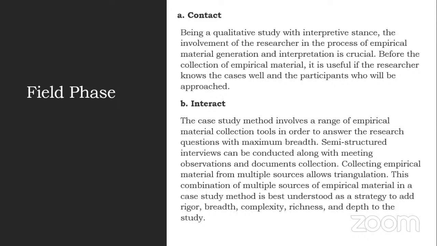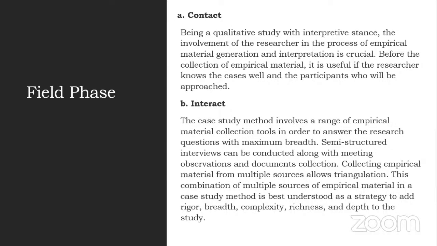So a good researcher will not just go and start asking questions to the subjects or participants. A good researcher will not do that. He or she will first try to understand the history of the subject, or the background of that particular phenomenon that has occurred, and then start with asking questions or collecting data.